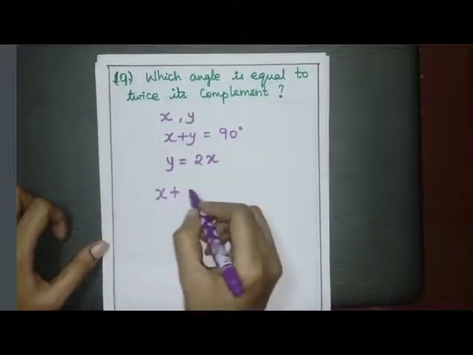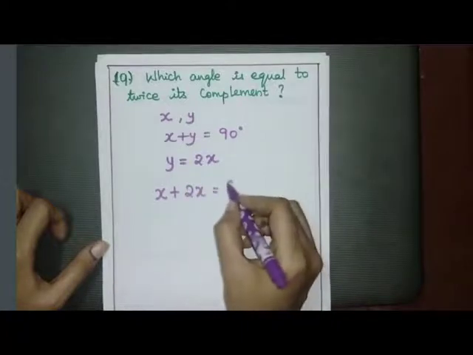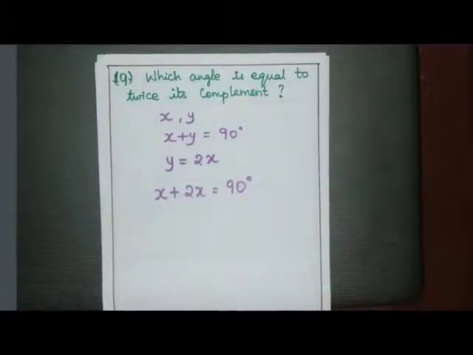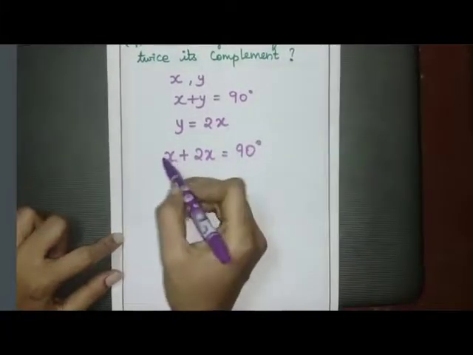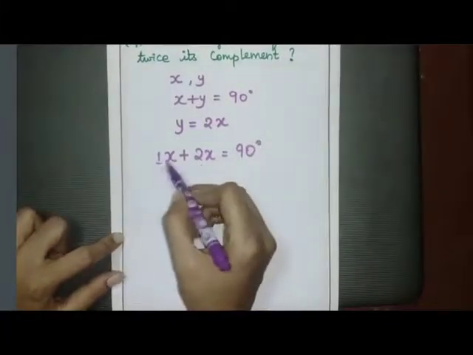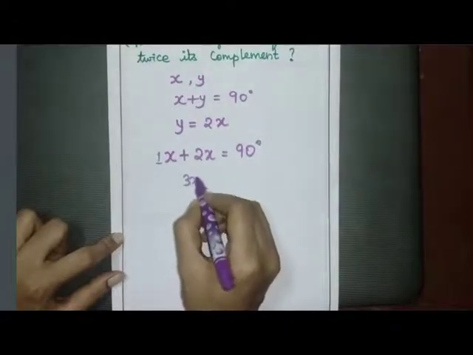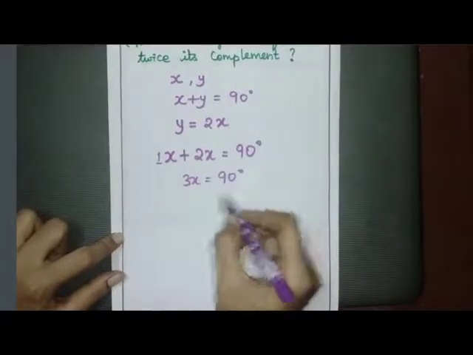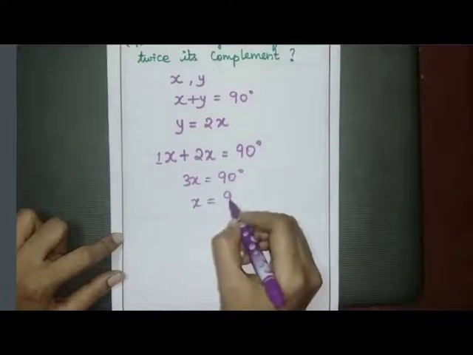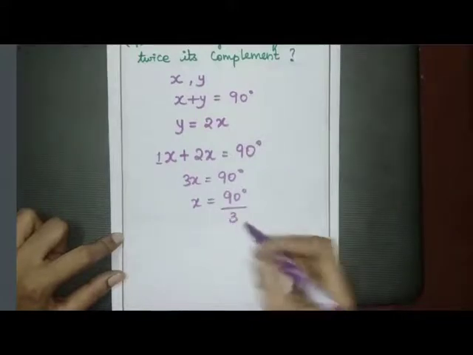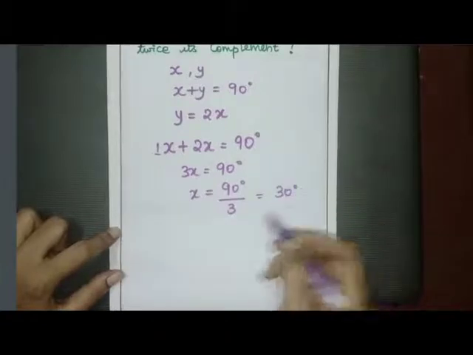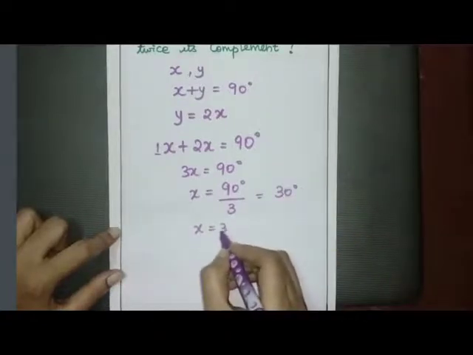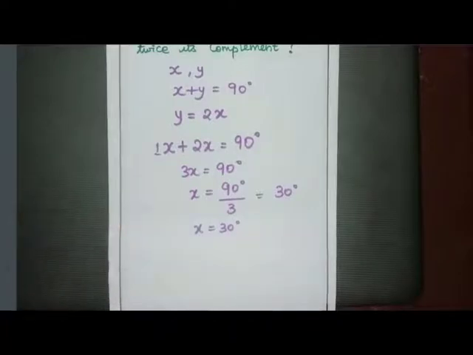So x plus 2x will be 90 degrees. Add these two here, 1x, here 2x, 1 plus 2, totally 3x equal to 90 degrees, and x equal to 90 degrees divided by 3, I will get 30 degrees. So x equal to 30 degrees.